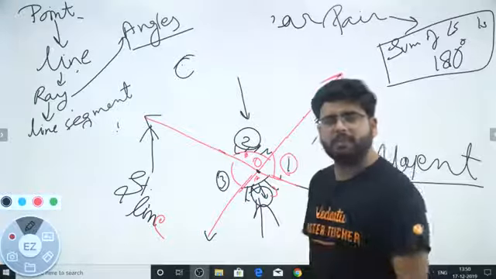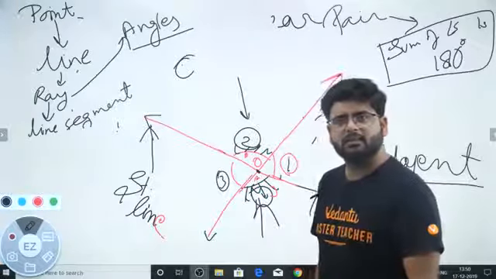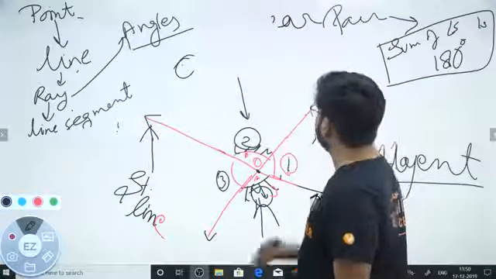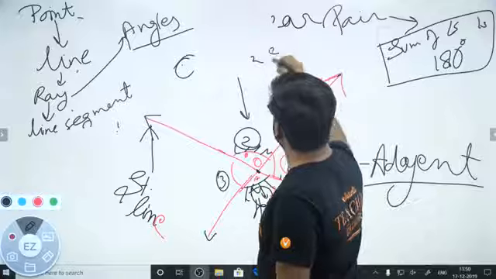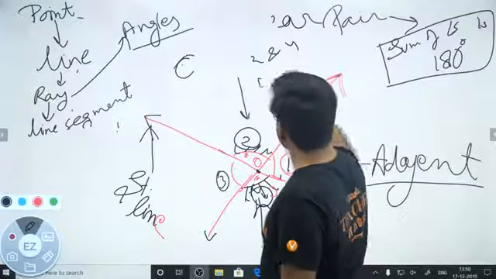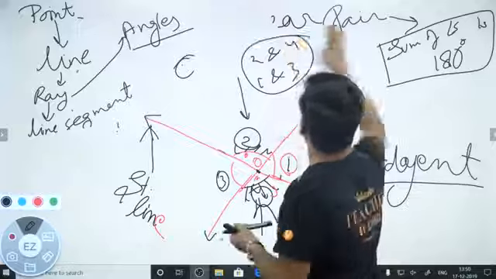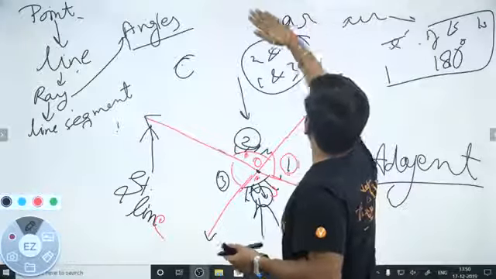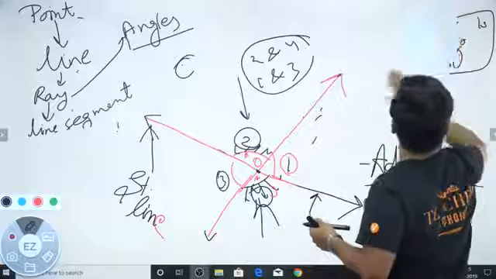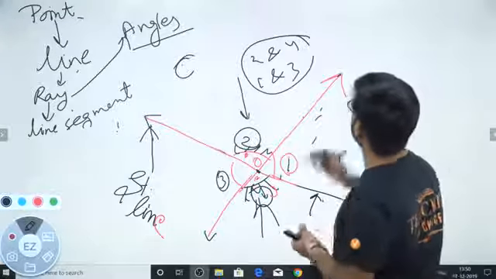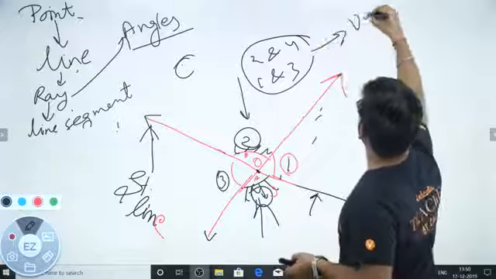They are called the vertically opposite angles. So we can say that 2 and 4, 1 and 3, they are vertically opposite angles.